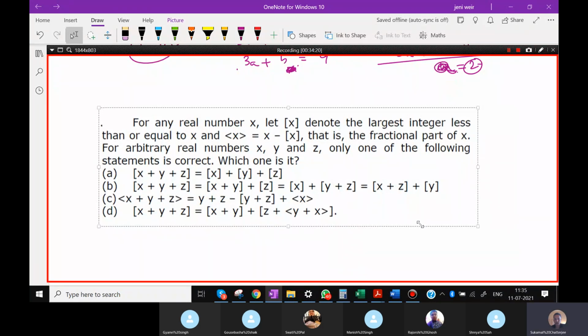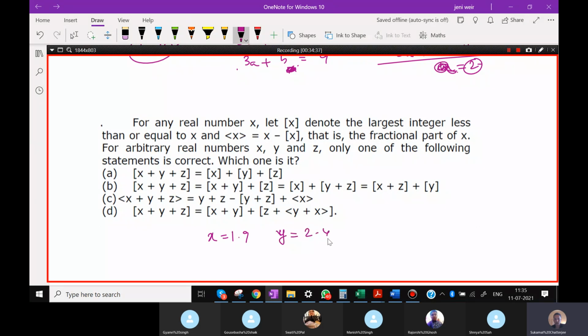Now, in order to solve this kind of a problem, as I always tell you, you have to assume arbitrary values of x, y, and z, anything that you want. So let x be equal to 1.9, y be equal to 2.4, z be equal to 3.7. It doesn't matter. It can take any value.